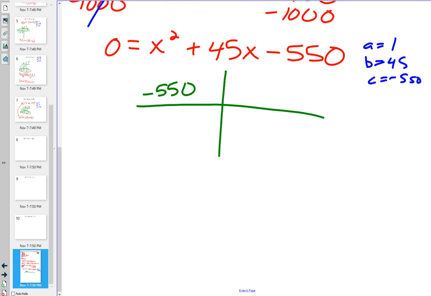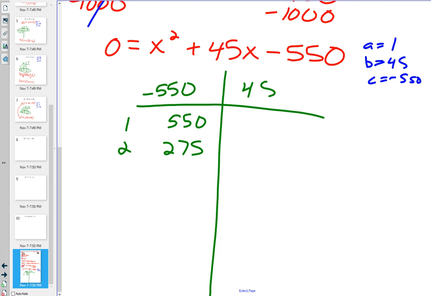Practice makes perfect. So 1, 550. 2, it has to go into an even number. That should be 275. 3, I'm not sure about 3, so just do it on the calculator. 550 divided by 3. Does that work? It shouldn't work. 5 obviously will.